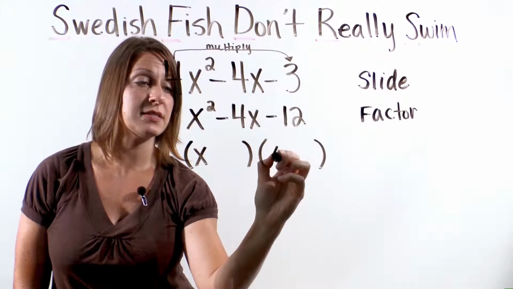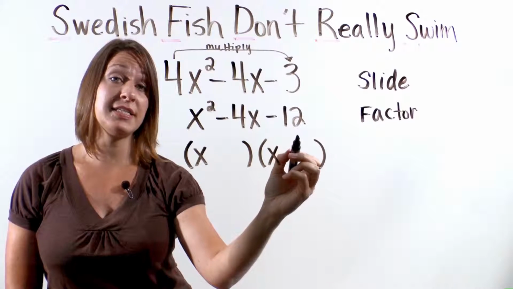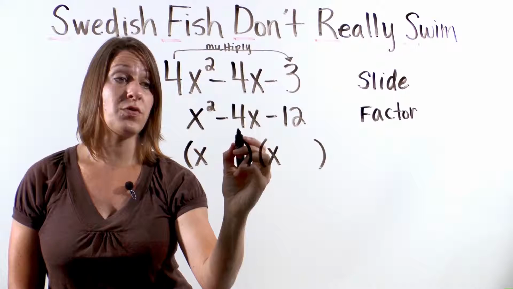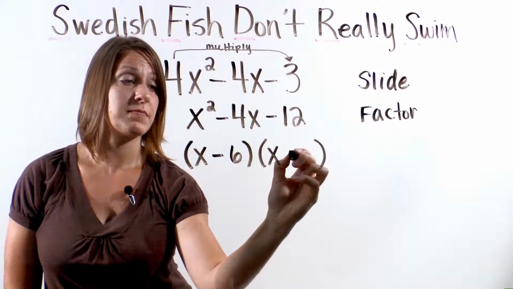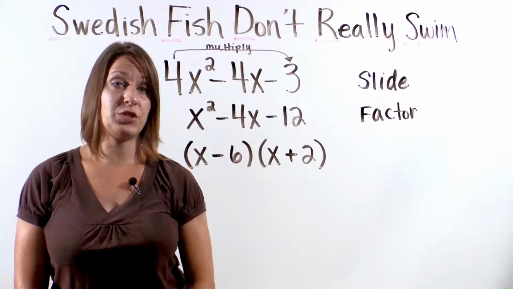Going to put an x and an x, and two numbers that multiply to -12 but add to -4 would be a -6 and a +2.